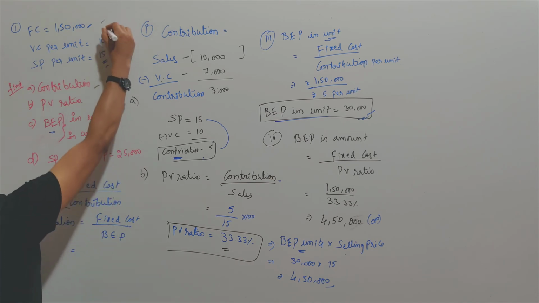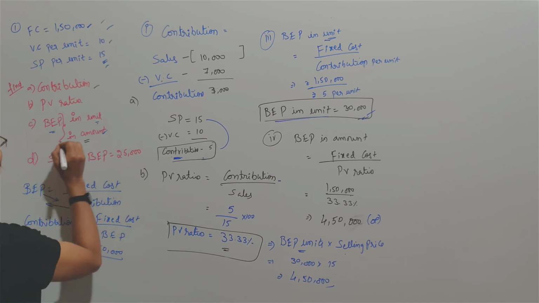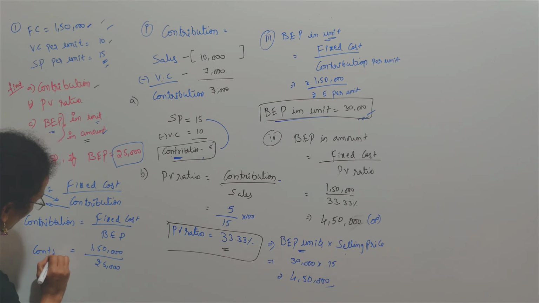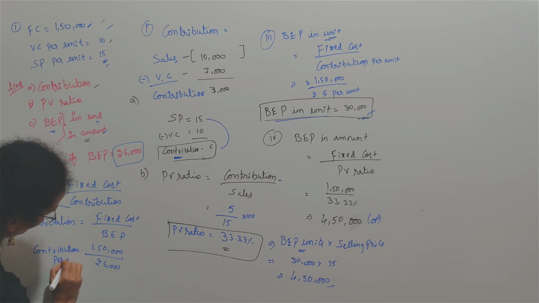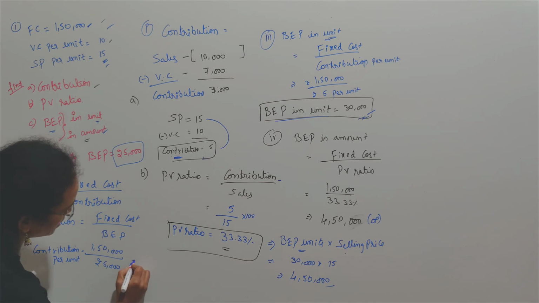The fixed cost remains the same, 1,50,000, and the break-even point given for the new situation is 25,000. Then contribution per unit is 1,50,000 divided by 25,000, that is 6 rupees.